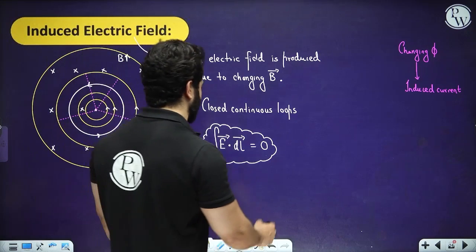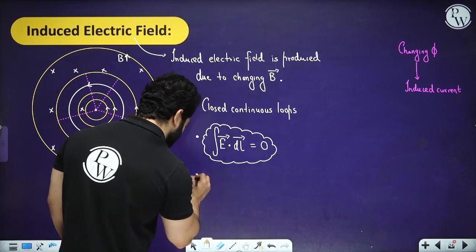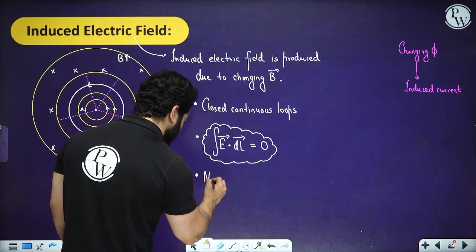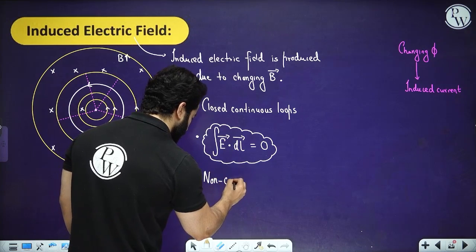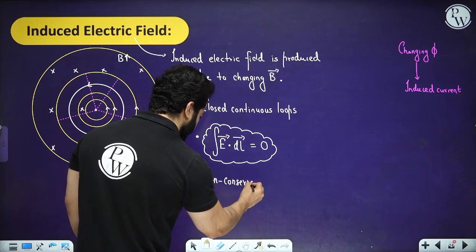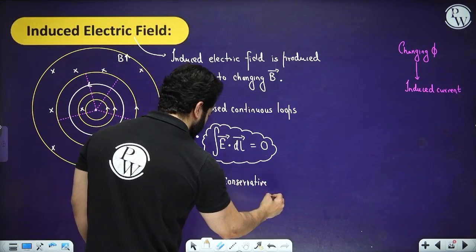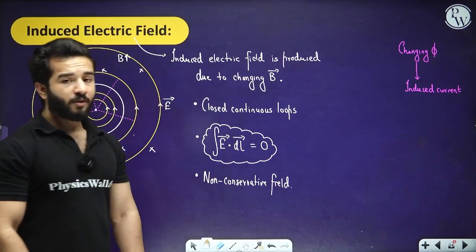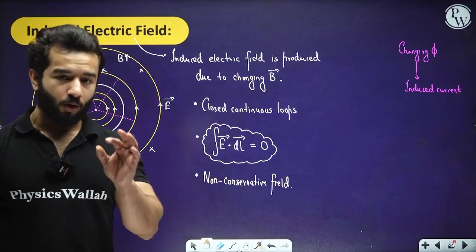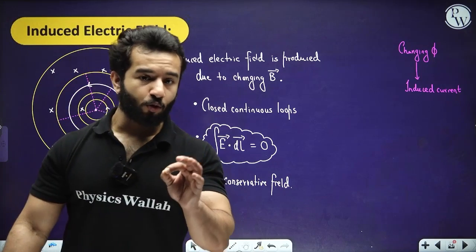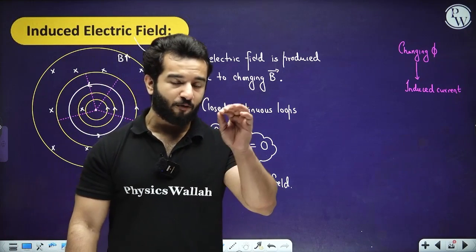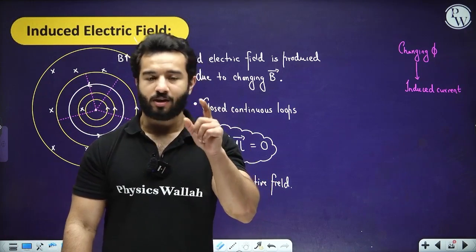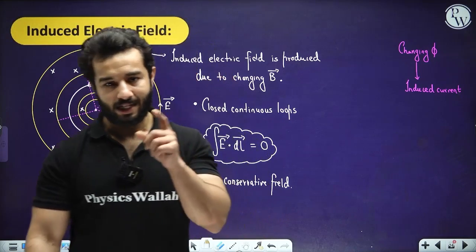If this is the case, there is another difference: this is actually a non-conservative field. That means the work done to move a charged particle between 2 points is not path independent, it is path dependent.